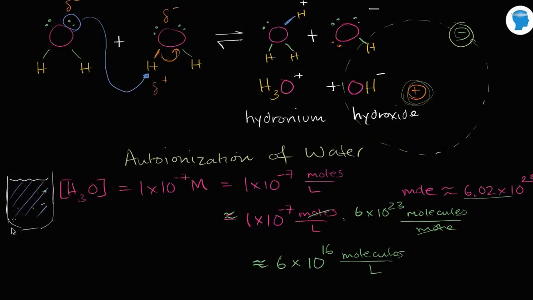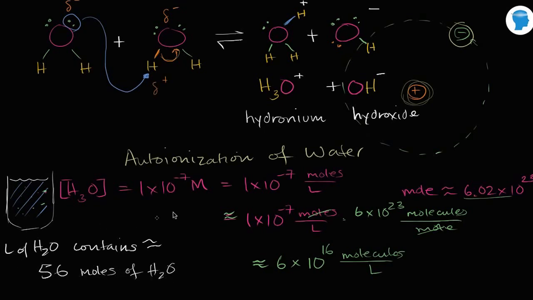That's a lot. We should see it all the time. But we have to remind ourselves there are just a lot of molecules of water in there as well. In fact, 1 liter of H2O contains approximately 56 moles of H2O.